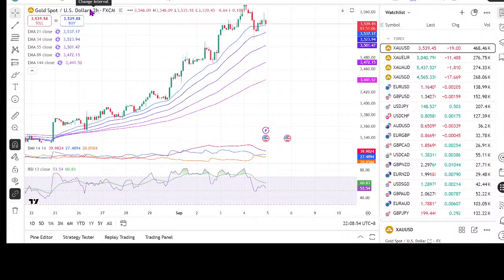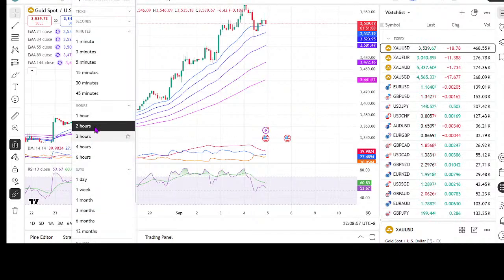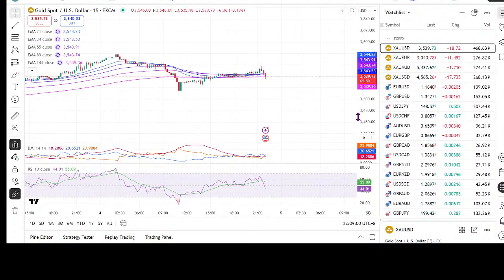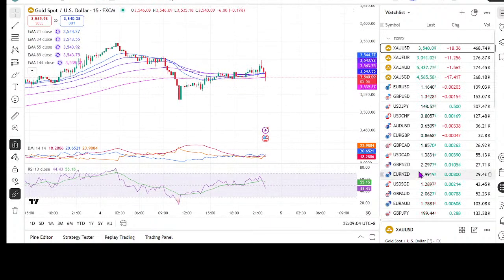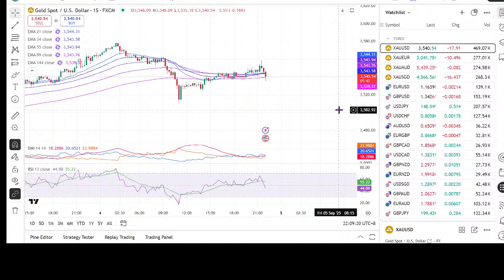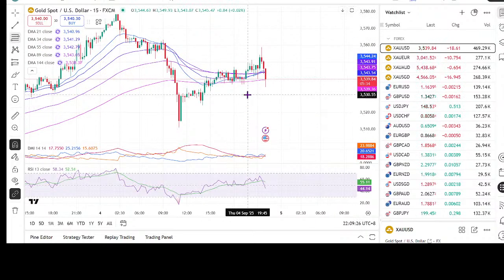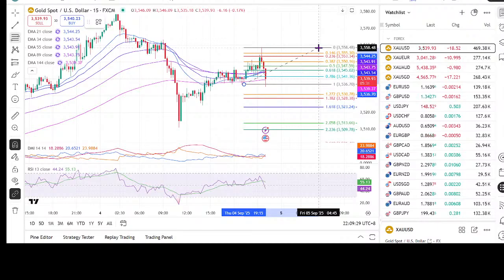So if we are going for a buy, since our stop is 23 half, let's try to go for a buy at 28 or 30, somewhere around that level.